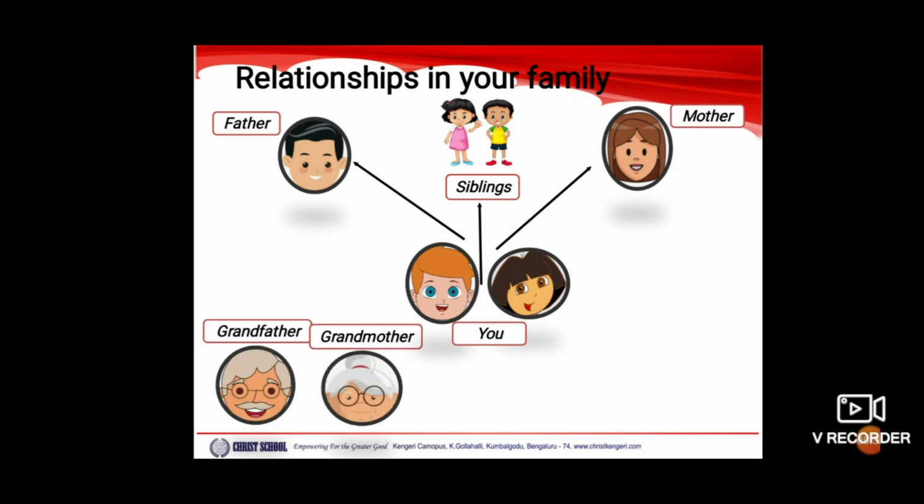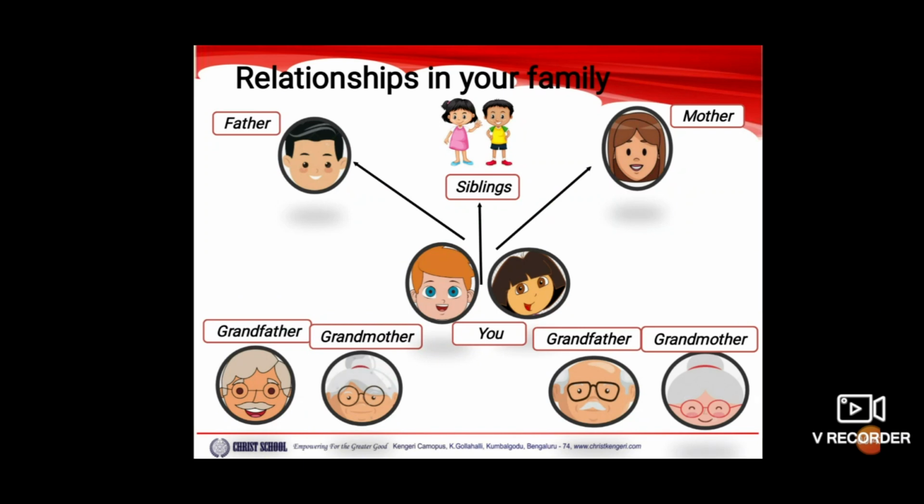Your father's father is your grandfather, and your father's mother is your grandmother. Again, your mother's father is a grandfather, and your mother's mother is your grandmother. Yes, we call the father of your mother as well as the father of your father grandfather, and the mother of your father and the mother of your mother grandmother.